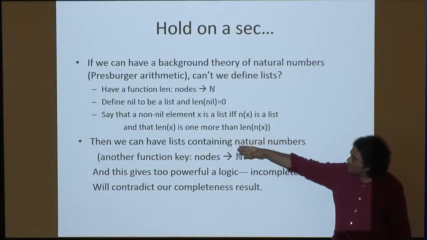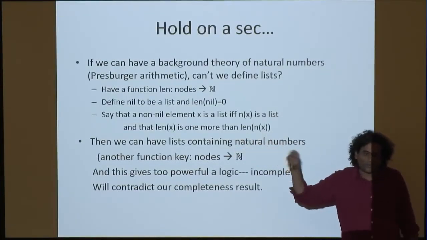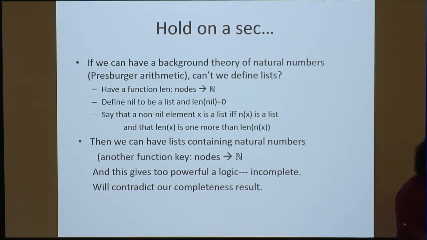So I can say nil is a list, its length is 0, and then a non-nil element x is a list if the next of x is a list, and the length of x is one more than the other one. What you're doing is using recursion, but you're piggybacking your recursion on the background theory, which supports recursion.